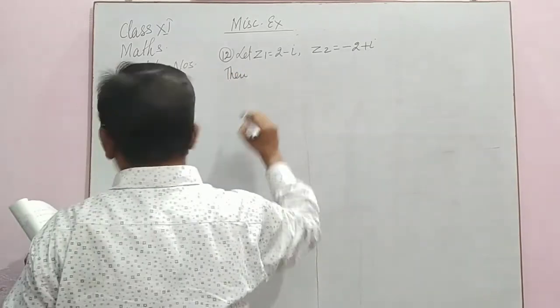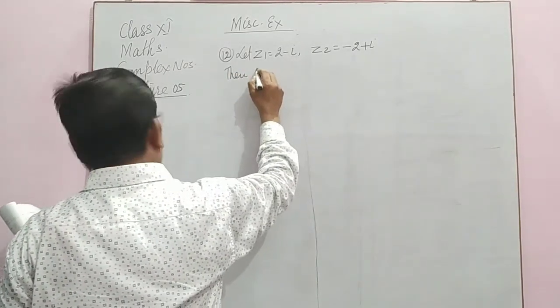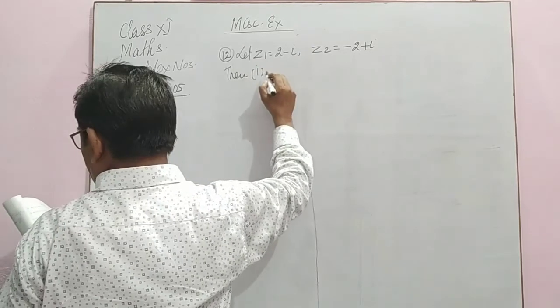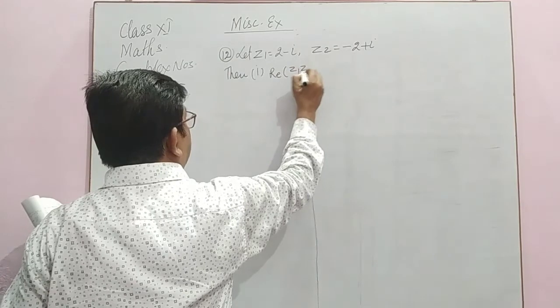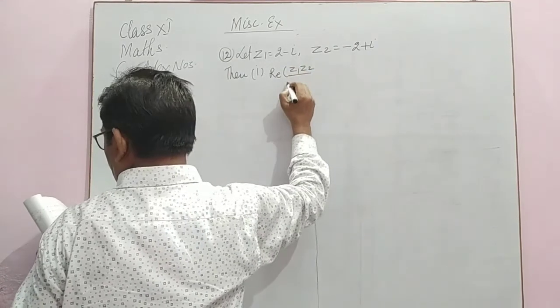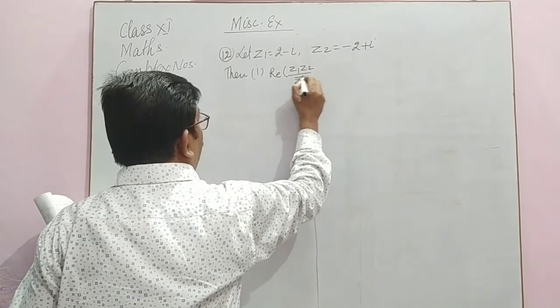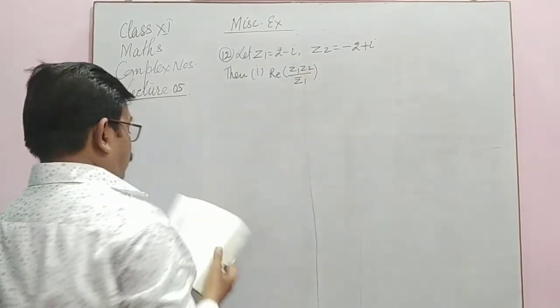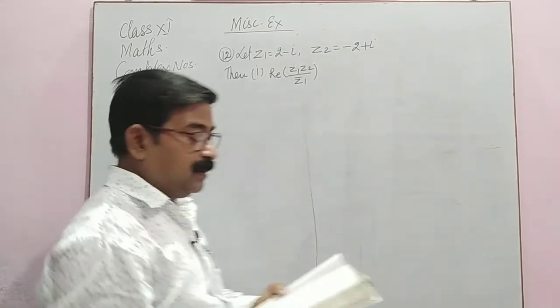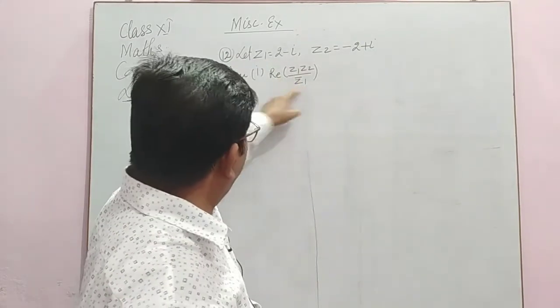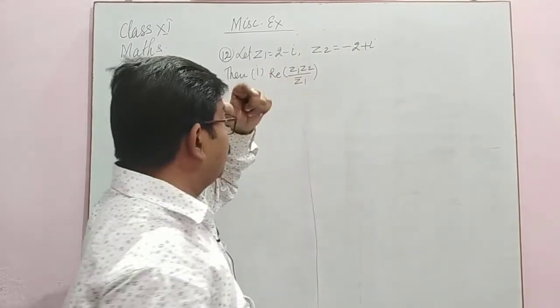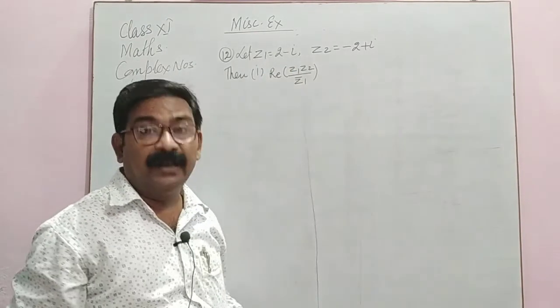Then the first part we have to find is the real part of z1z2 upon the conjugate of z1. I am solving one of the parts and you will solve the other part. We have to find the value of this, and after that we have to find its real part.